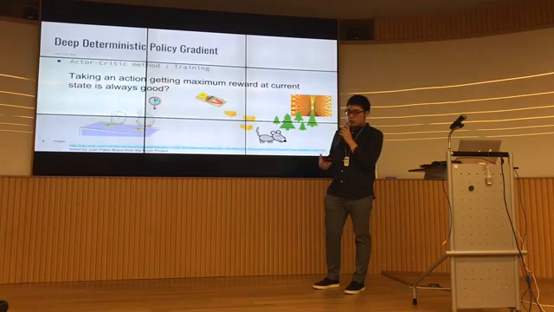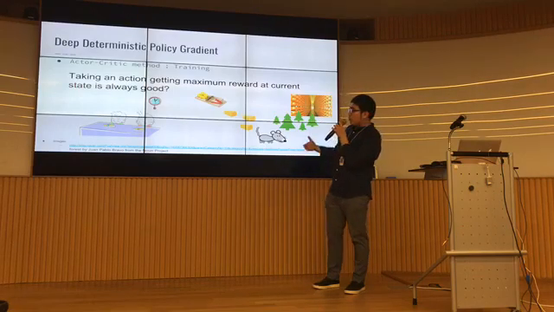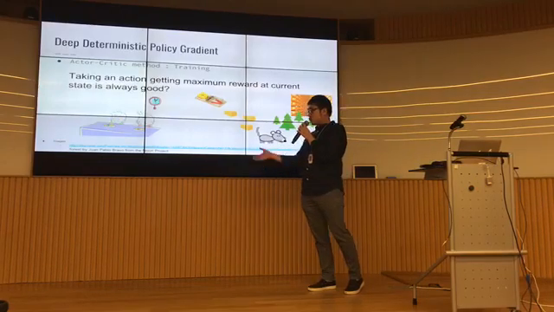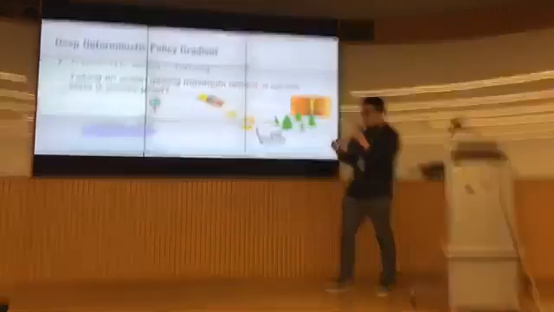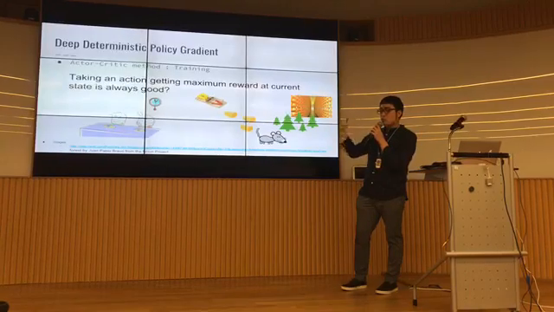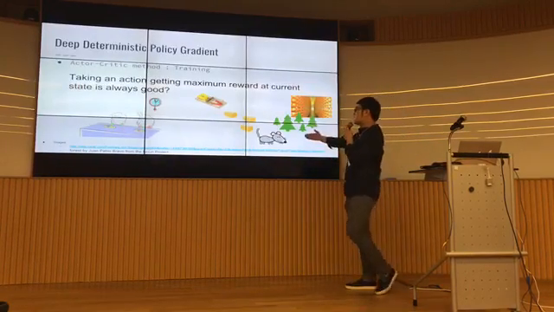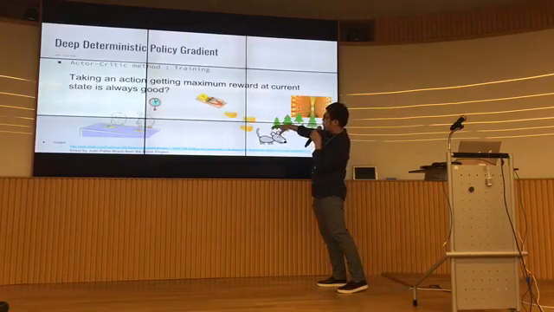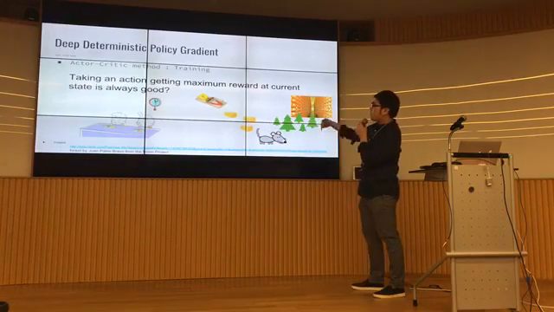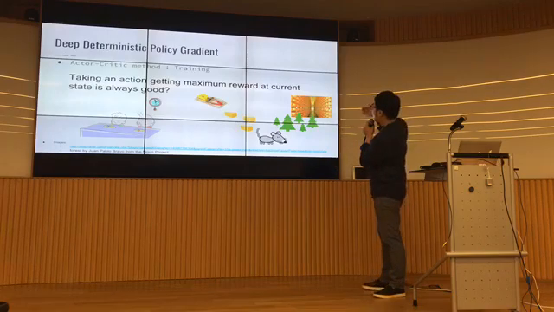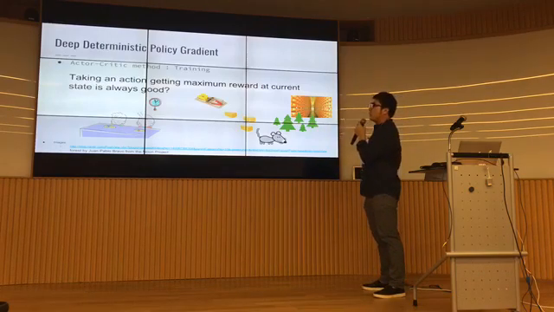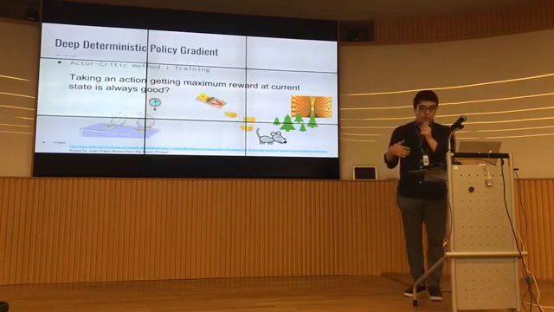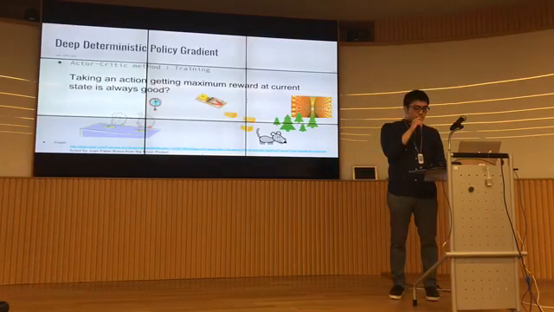Someone said that if you don't eat for 20 minutes, I will give you another marshmallow. So we need to think about the future reward. This is another example. If the mouse just follows the path of cheese, he will get trapped. But on the right side, there is a huge cheese factory over the forest. So we need to always think about the future reward.